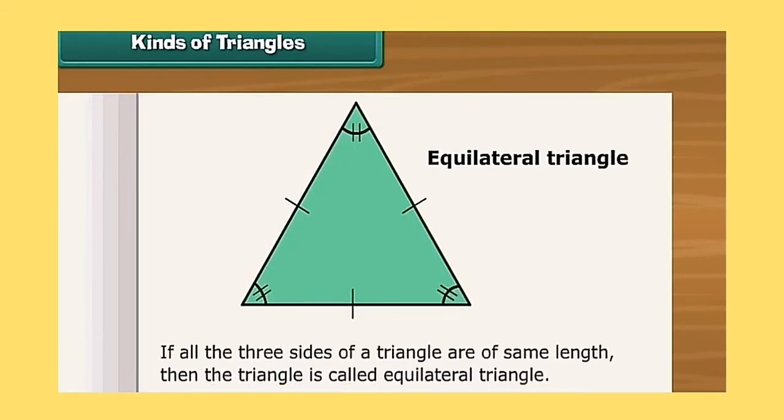And the third type of triangle we have is the equilateral triangle. That is, all three sides must be of the same length. If all three sides of a triangle are of the same length, then the triangle is called an equilateral triangle.